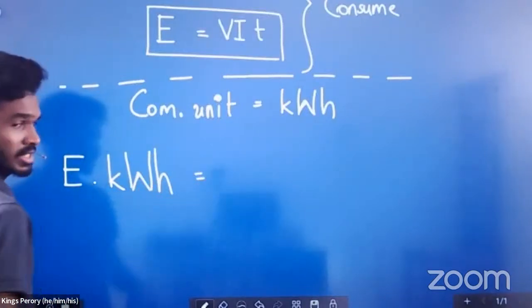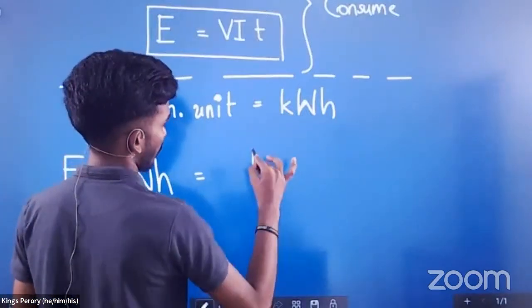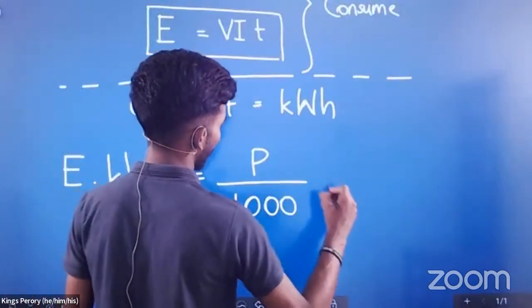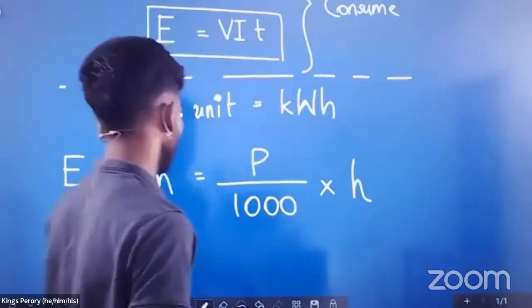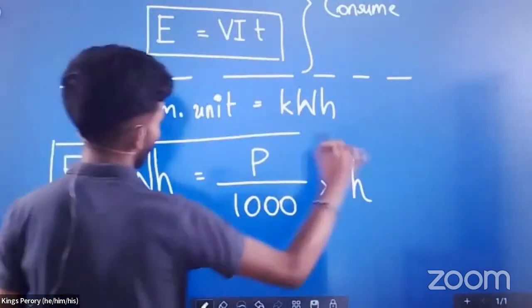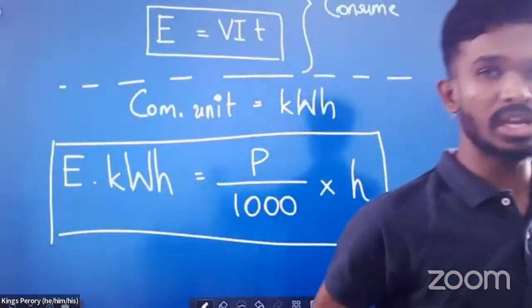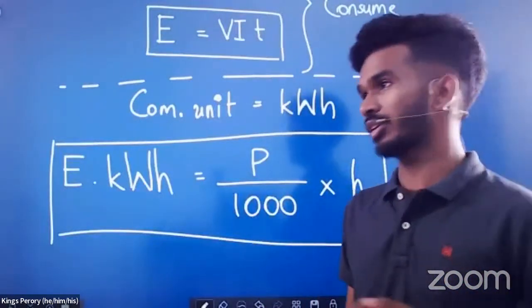Energy in kilowatt hours equals power in watts over 1,000, multiplied by the number of hours. Those are the only equations we have in this lesson. The calculation part was done yesterday. Today we go to the remaining theory part.